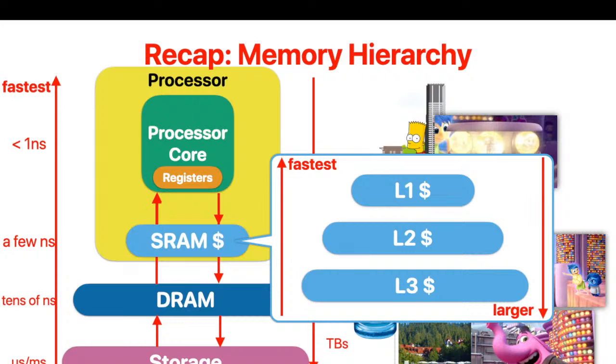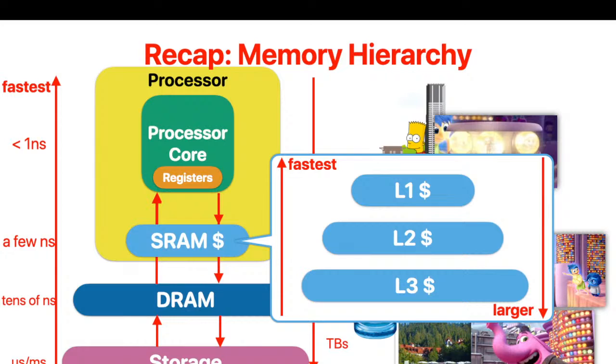So it turns out that we have to make it multiple levels, in a way that the closer to the processor, the access time is more aligned with your processor cycle time, so that whenever it hits in L1 cache, it won't create penalties when you are processing instructions. However, we also don't like the idea that if it misses in L1 cache, it has to go to the lower level memory hierarchy.